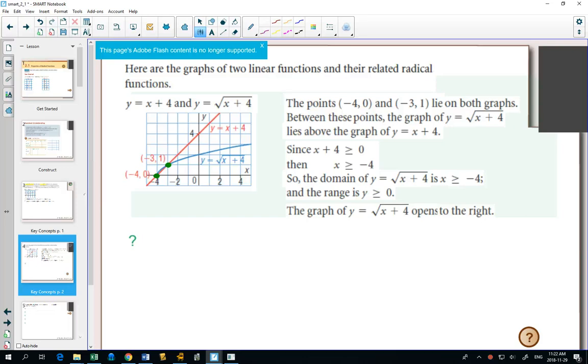If you find other points that are easy to square root, for example, there my y value is 4. What's the square root of 4? 2. Notice you have that point on your blue graph. So looking at your original graph, taking some points that you know how to square root, taking 0 and 1, because they stay the same, you'll be able to get an idea of what the square root graph looks like.